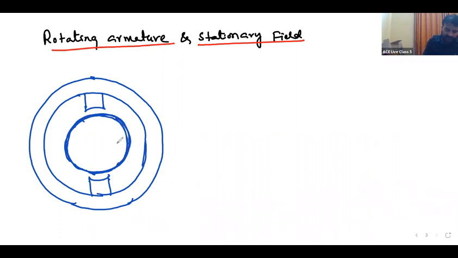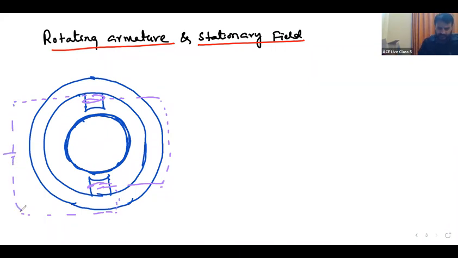Field winding also, of course. Based on the field, they are excited with the DC, and it acts as a north pole, it acts as a south pole, say. That is there, okay, fine.